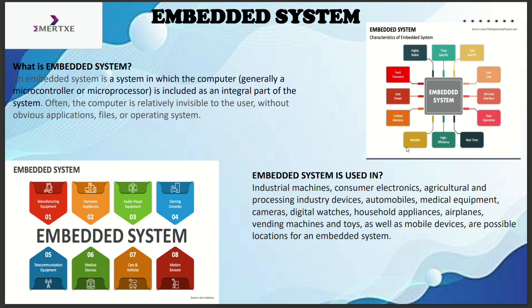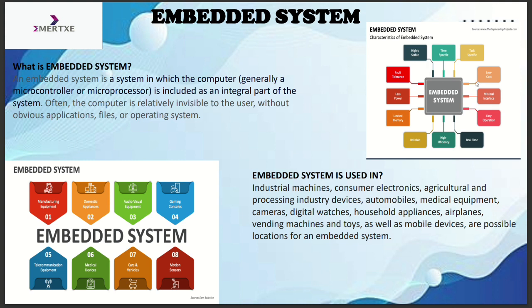We can see the picture. The embedded system is mainly used for its minimal interface. It is easily operated, with real time output, highly efficient, reliable, limited memory, less power consumption, and low tolerance.